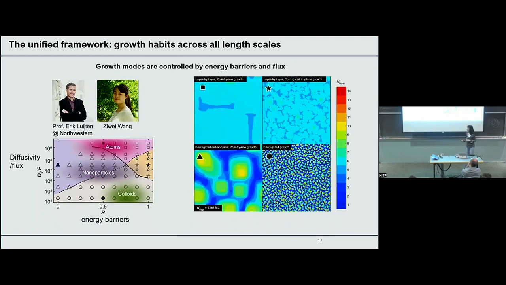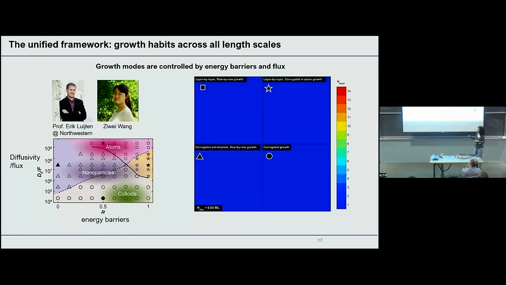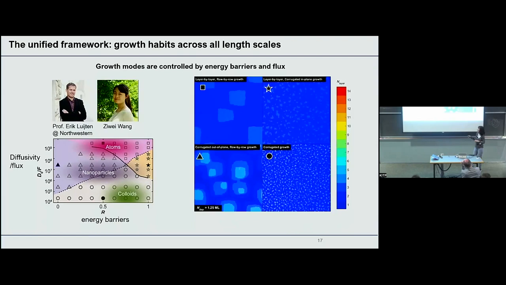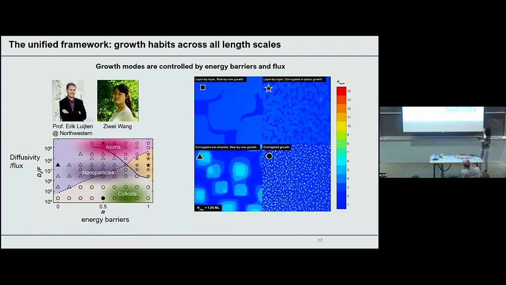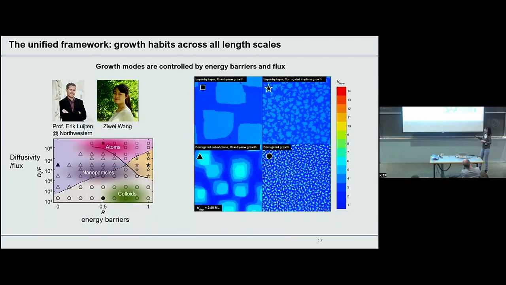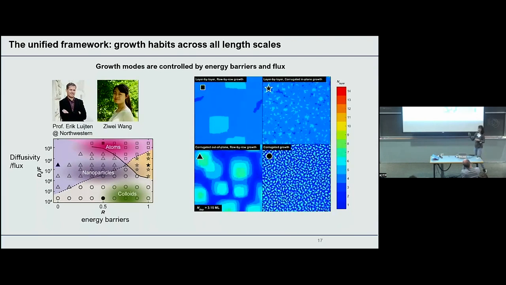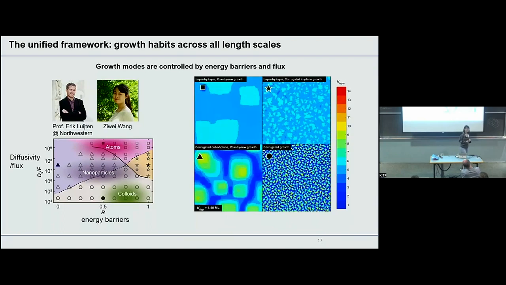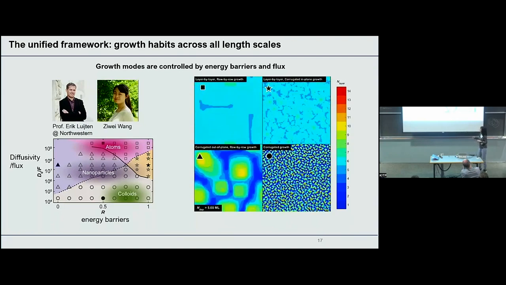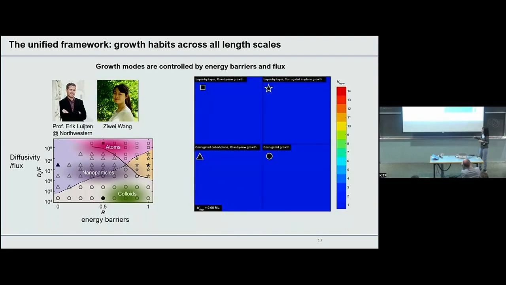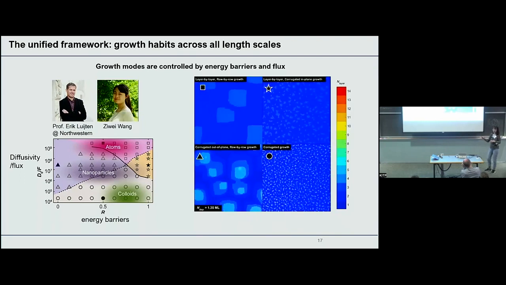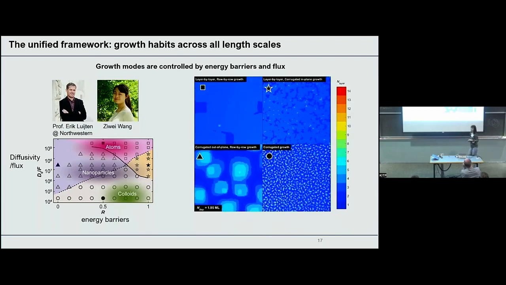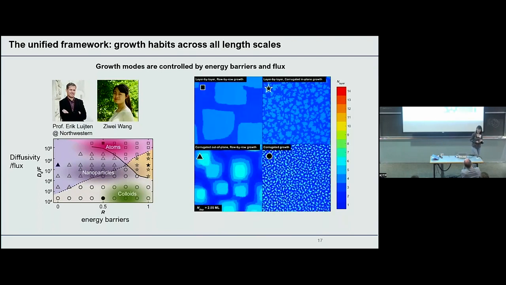What's highlighted in this phase diagram is that differently sized building blocks sit in different regions of the phase diagram. For example, atoms tend to sit in the square region, which corresponds to layer by layer growth in both growth directions. That's why atomic crystals tend to adopt faceted shapes. For micron-sized colloids, they tend to occupy this circle region, which corresponds to correlated growth in both directions, and that's very consistent with a large body of literature on colloidal crystallization.